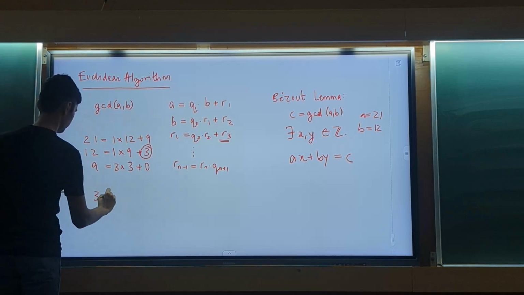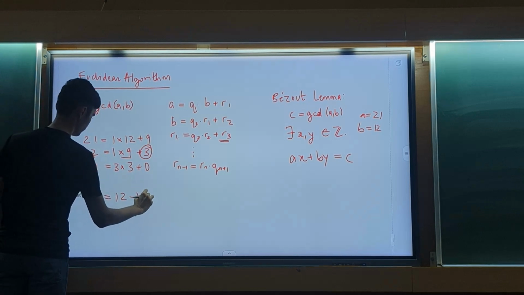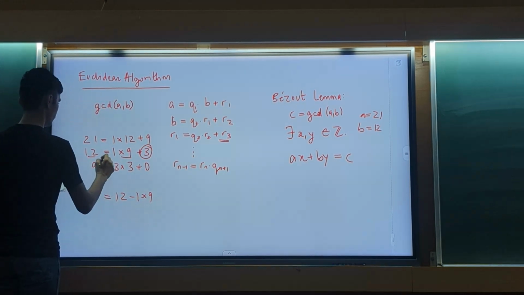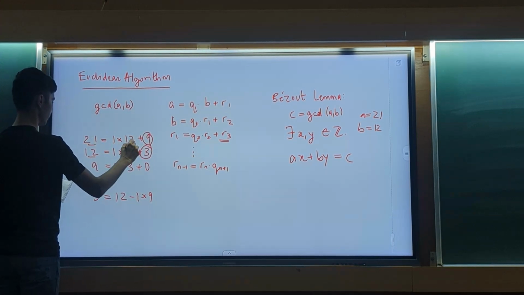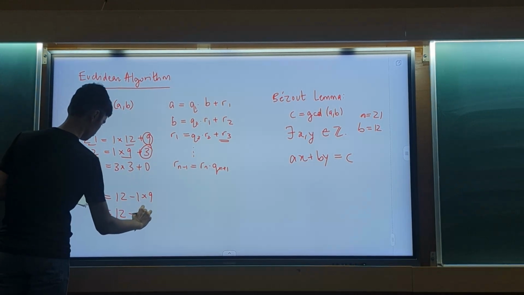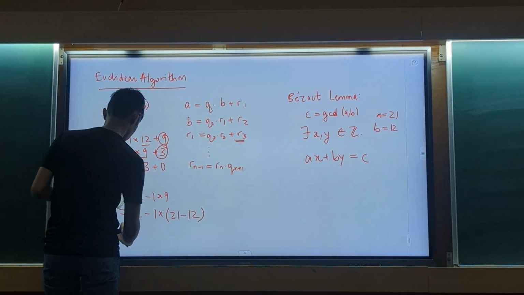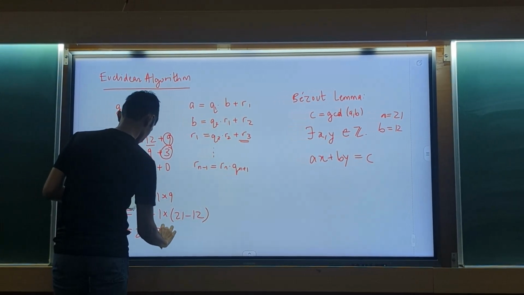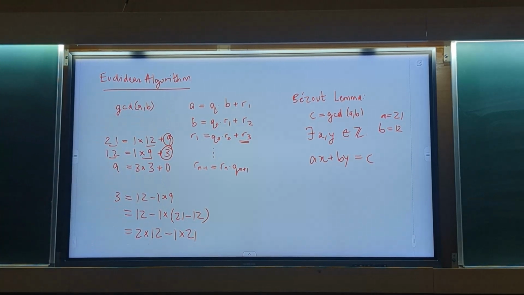So basically we write 3 as 12 minus 9, 12 minus 1 times 9. Then we replace this 9 with 21 minus 12. So it's equal to 12 minus... So basically we get that a is minus 1 and b is 2.